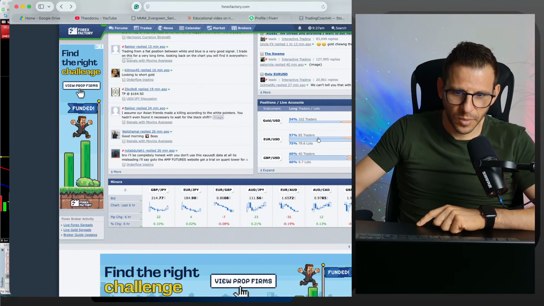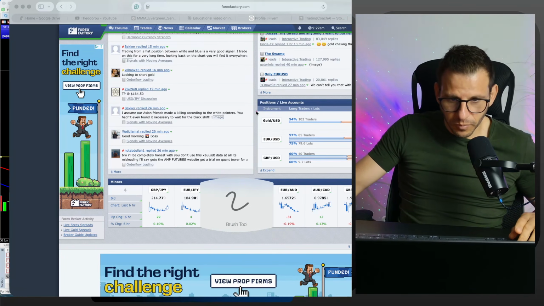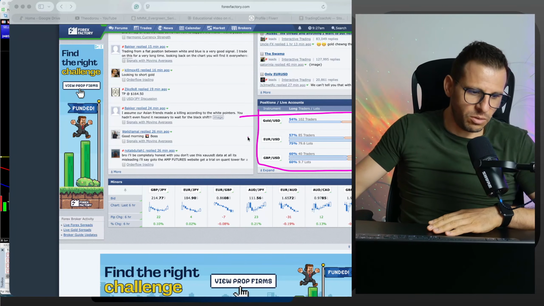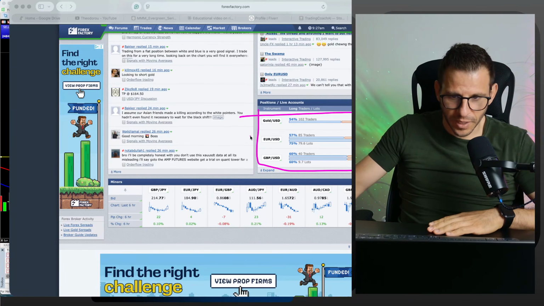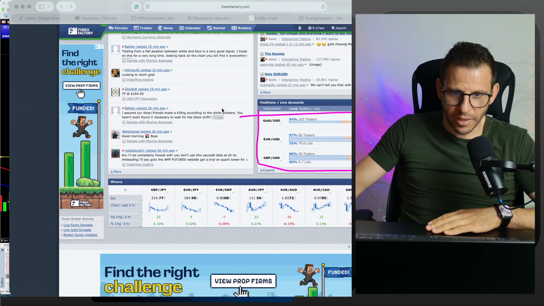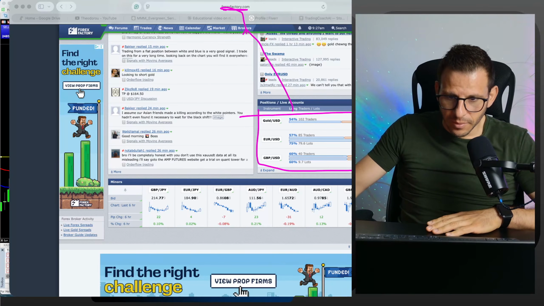Because these things are not based on the futures markets, they are based on a specific broker's data, most likely a broker that has some correlation with Forex Factory or any other website. You see here it says 87 traders versus 102 traders.